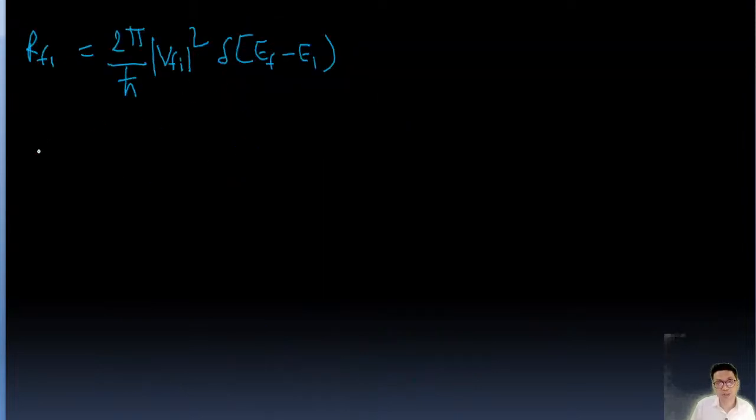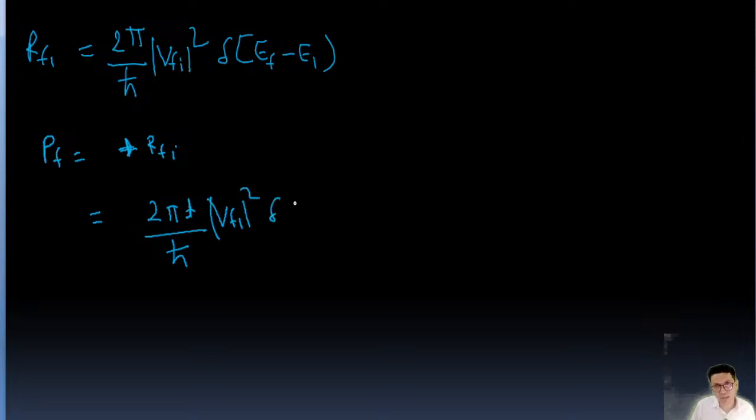So now we know PFI equal to T into RFI, right? So this is going to be 2 pi T upon h cut VFI mod square delta EF minus EI. From here PFI is proportional to T, we can see.